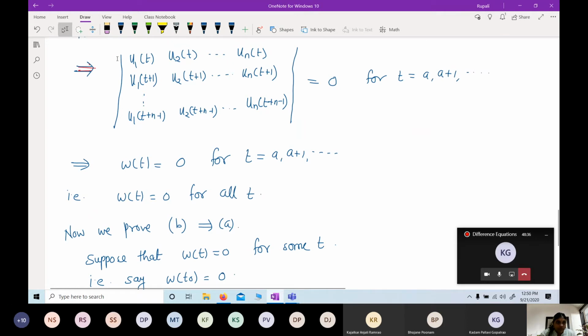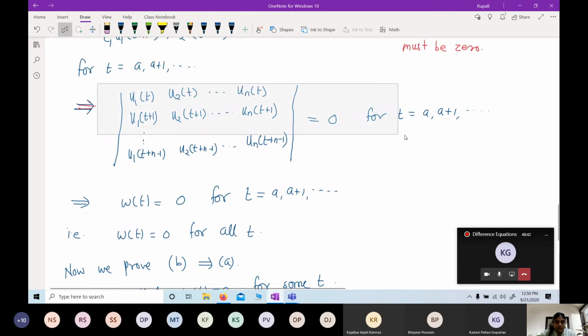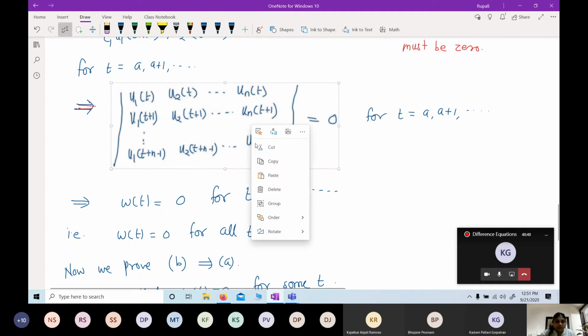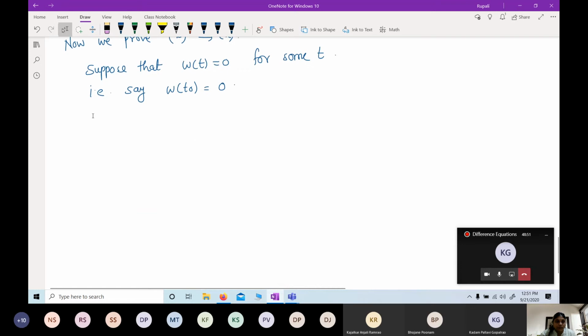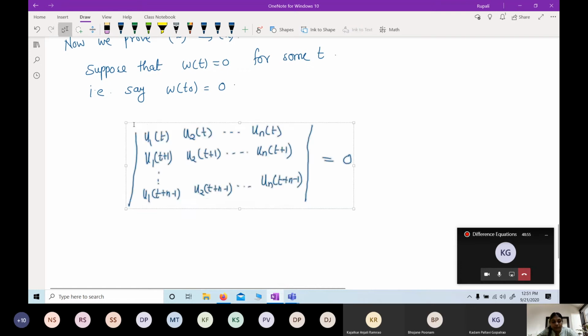The rows are u1(t0), u2(t0), ..., un(t0); then u1(t0+1), ..., un(t0+1); and so on up to u1(t0+n-1), ..., un(t0+n-1), and the determinant is equal to 0, right?